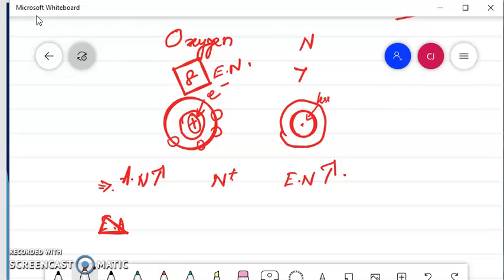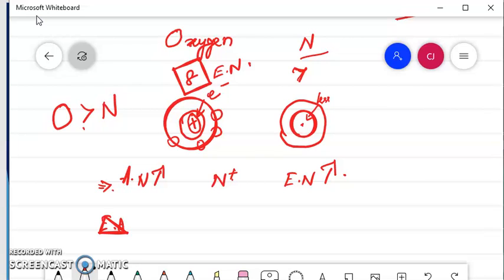Here I have also taken nitrogen, whose atomic number is 7, so there are 7 protons in its nucleus. So oxygen has a greater nuclear charge than nitrogen, and it attracts the electron more.